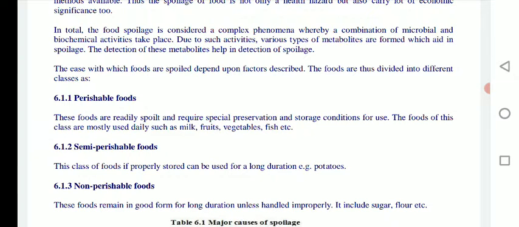Foods of this class are mostly used daily, such as milk, fruit, vegetables and fishes. They get spoiled readily and require special preservation and storage conditions if we want to use them.